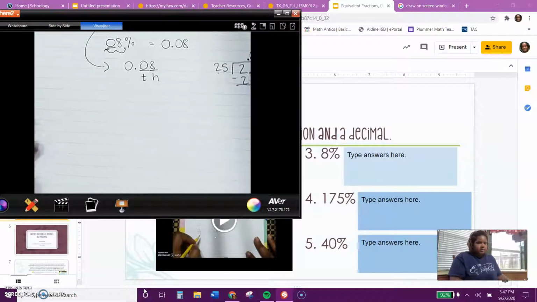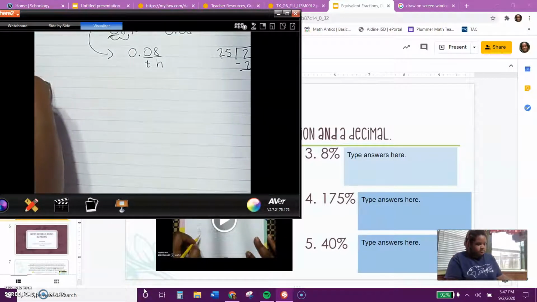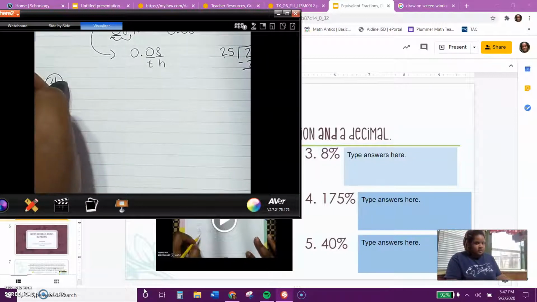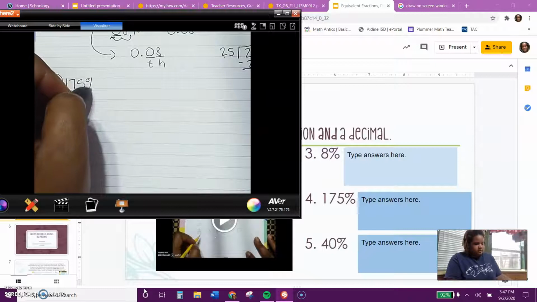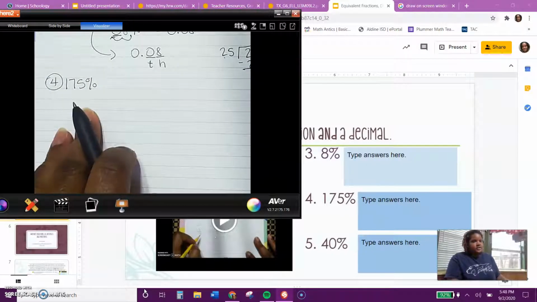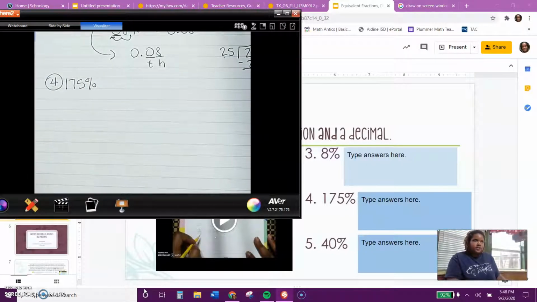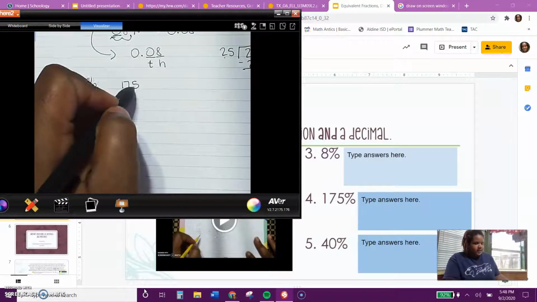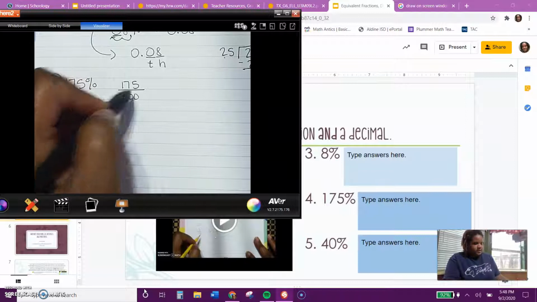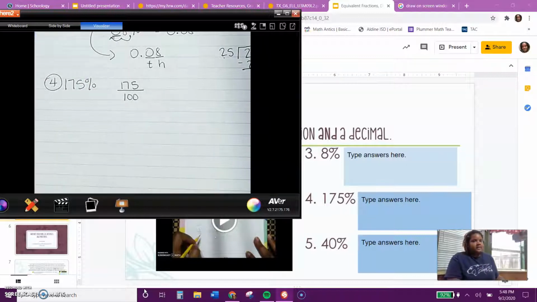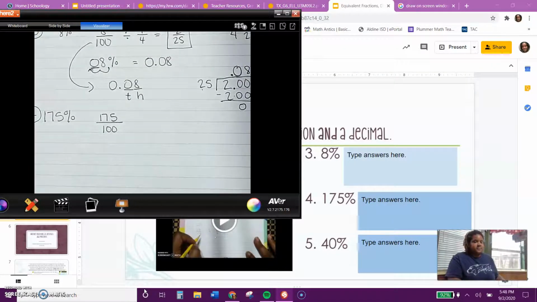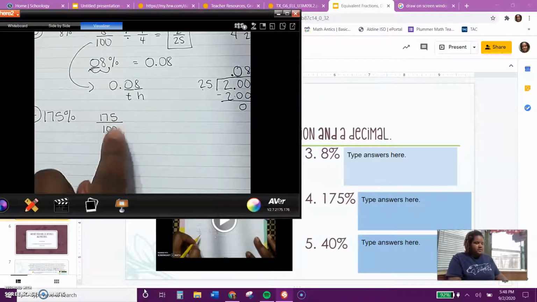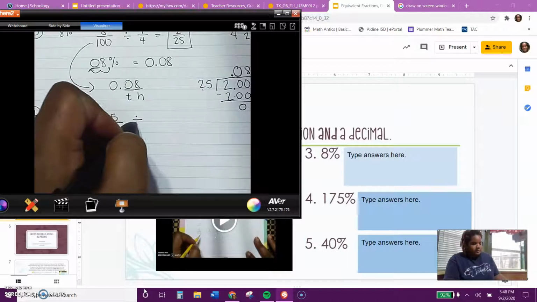Now let's look at number 4. This one says 175%. Remember, even if it's larger than 100, it still can be a percent. So again, I'm going to take 175 as the numerator, 100 as the denominator, and these numbers aren't even, but they end in a 0 or a 5, so I know they can both be divided by 5.